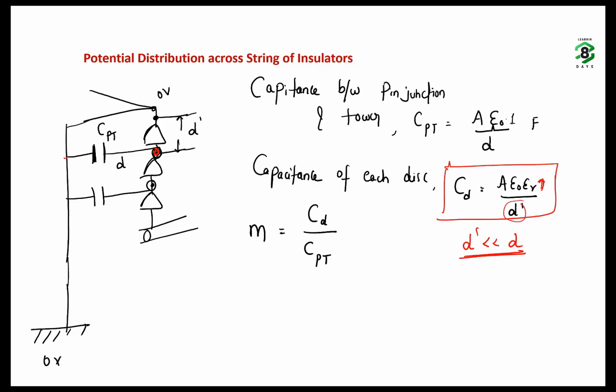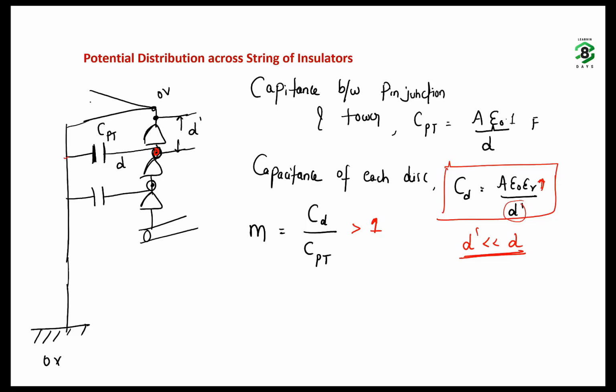So the CD capacitance of each disc is very much greater than the CPT. Let us define this ratio as M. Usually the M value will be greater than 1. Okay. So this is the basic that you have to understand.